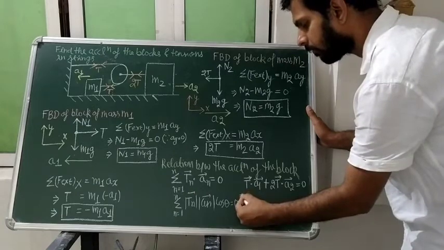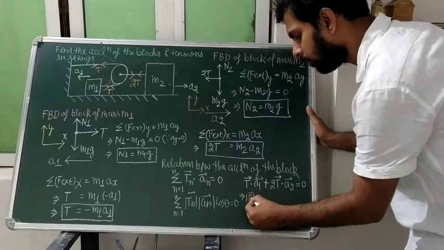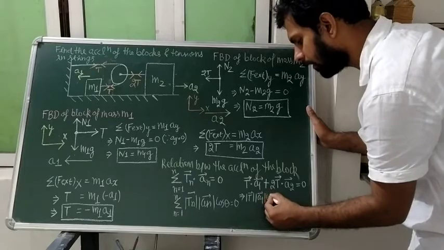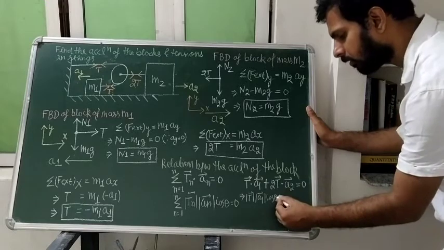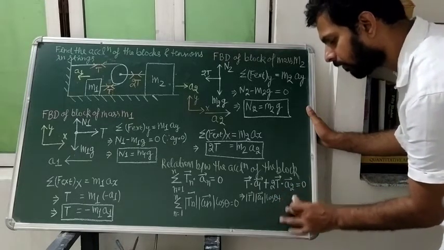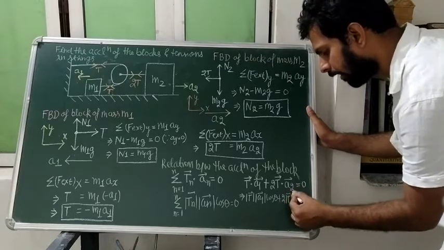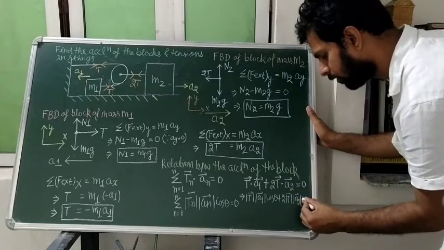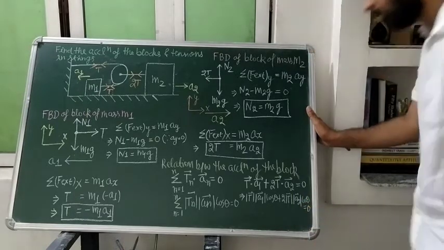Meaning the magnitude of the tension vector times the magnitude of the acceleration vector times cos theta, plus twice the magnitude of the tension vector times acceleration vector A2 times cos theta, should be equal to 0.